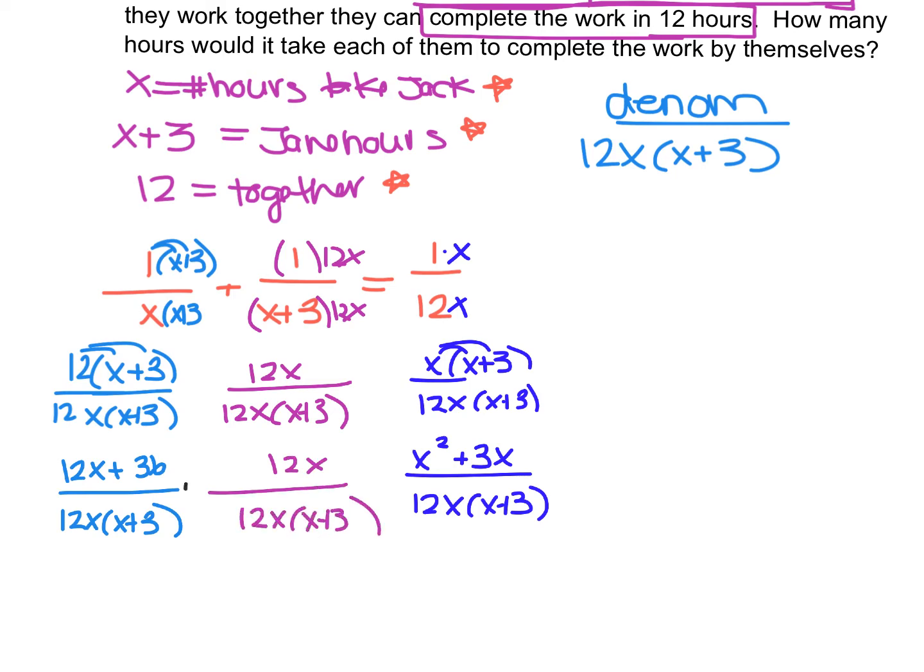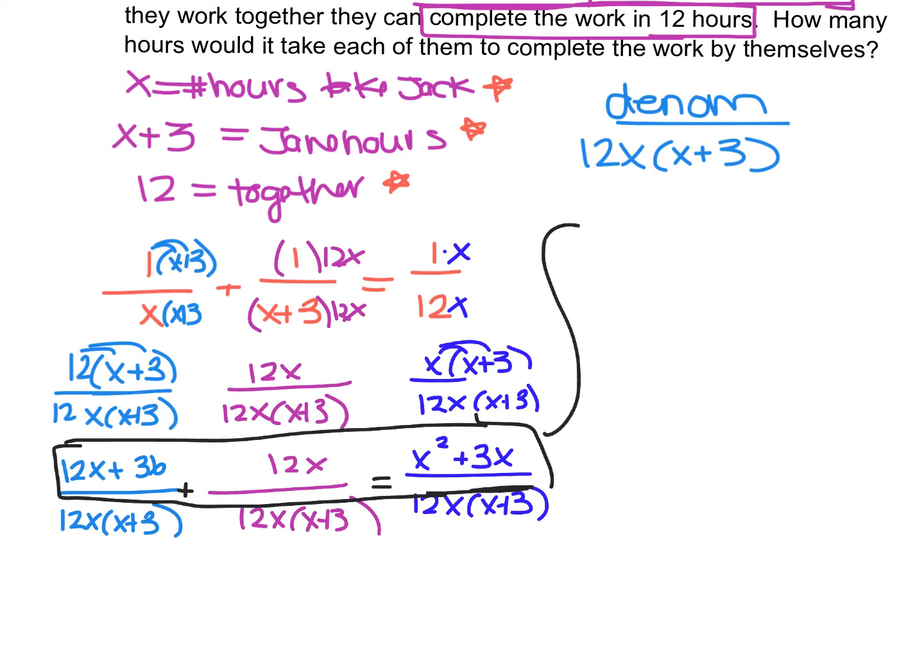So here I have everything written with a common denominator, and because of that, I can now turn this into an equation that just utilizes the numerator part. So I'm going to bring that up here. So here I have 12X plus 36 plus 12X equals X squared plus 3X.